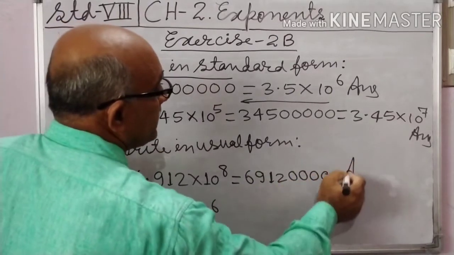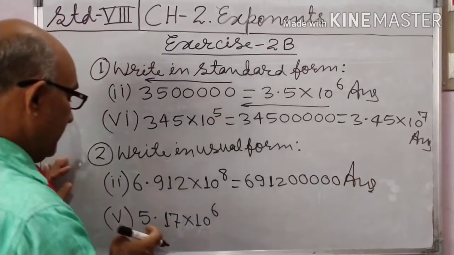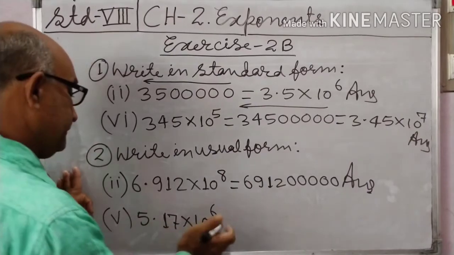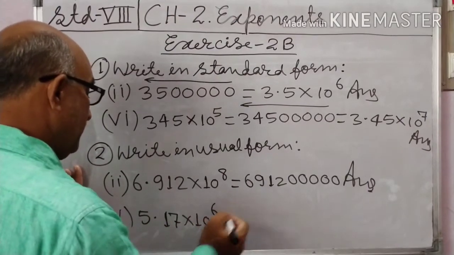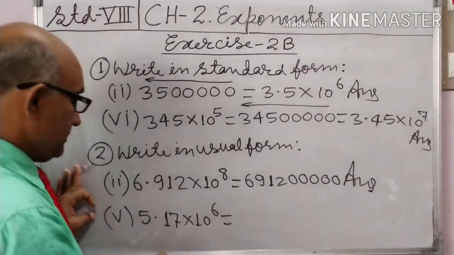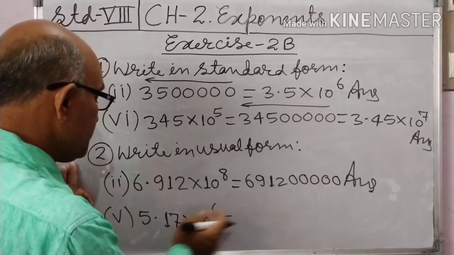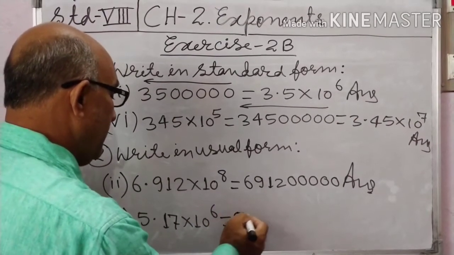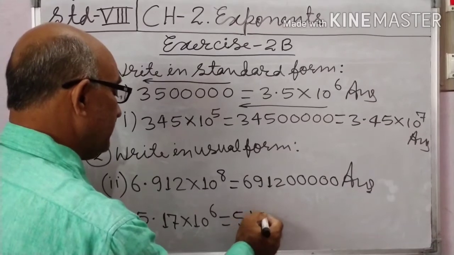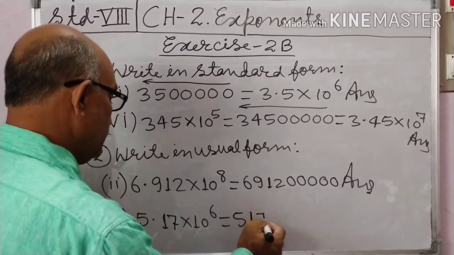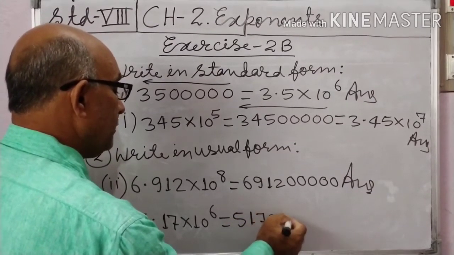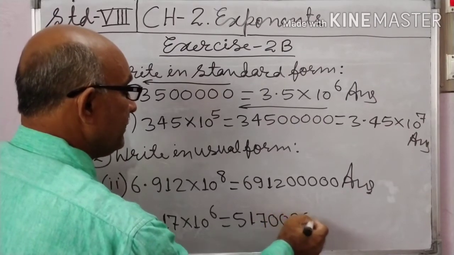Answer. It is in usual form. Next, 5.17 multiplied by 10 to the power 6. So the decimal is removed, 6 places, so 5, 1, 7, 0, 0, 0, 0.